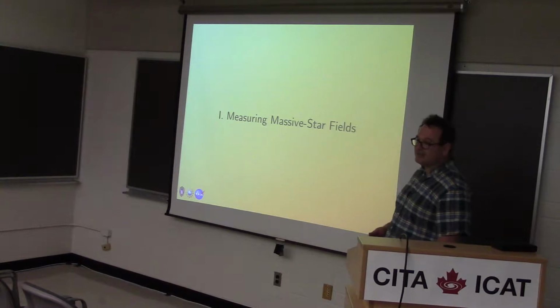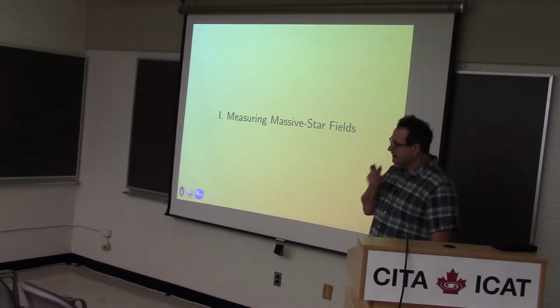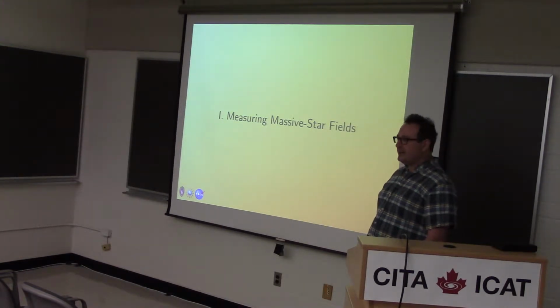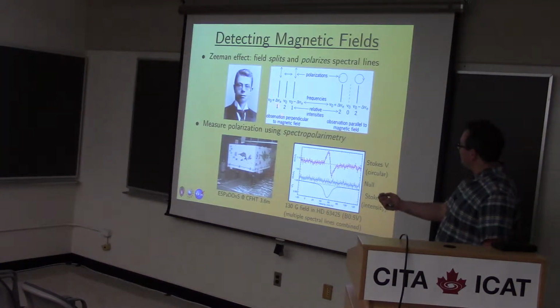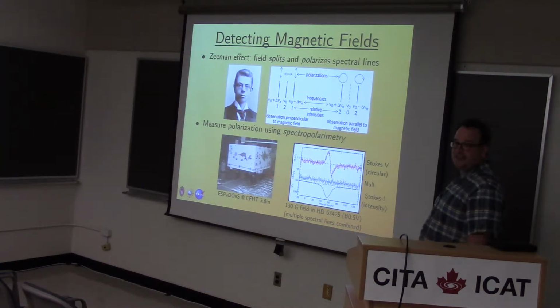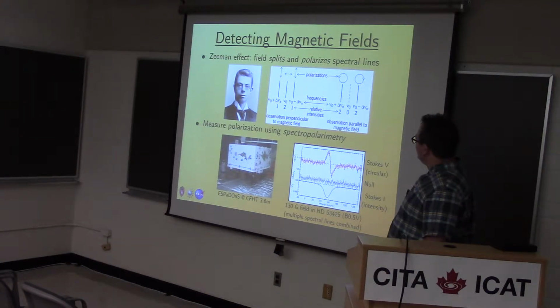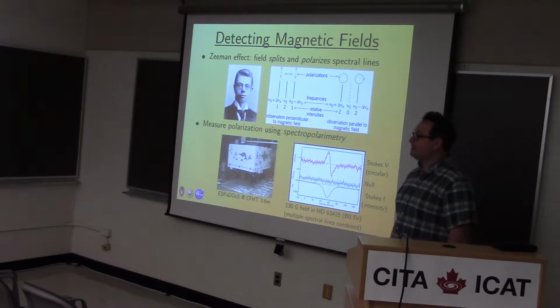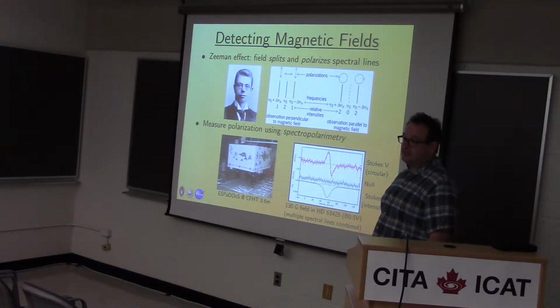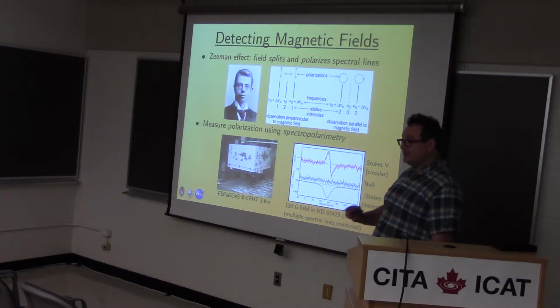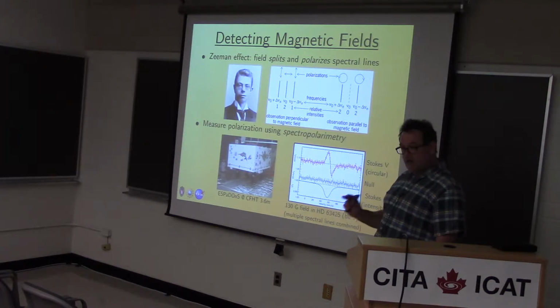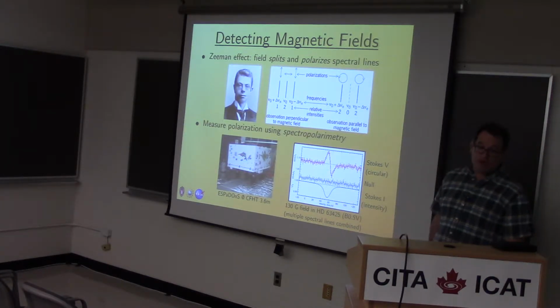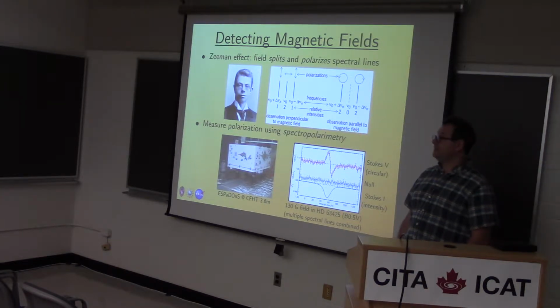So, measuring massive star fields, the standard way in astronomy we measure a magnetic field is using the Zeeman effect. So here's a nice picture of Peter Zeeman when he was a young man. And he pointed out that if we put an atom in a magnetic field, its energy levels get split, and moreover, transitions between those energy levels, the spectral lines arising from those transitions get split also, but not only split, but moreover polarized.